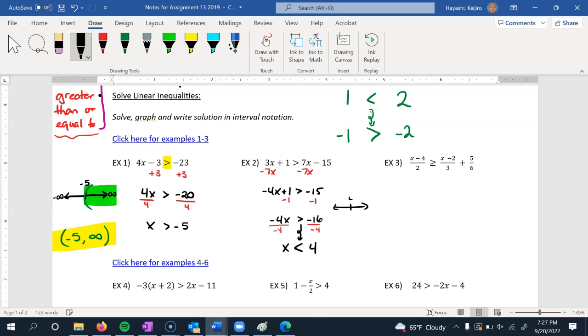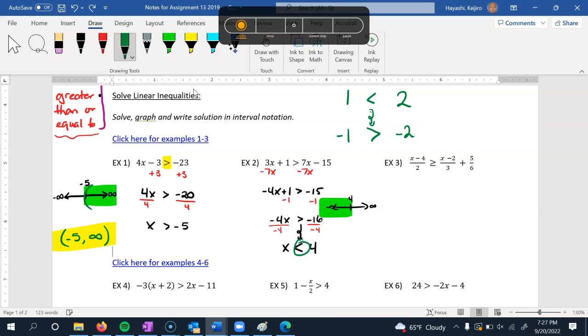Okay, so 4 on our number line. We're going to shade to the left because we want numbers that are less than 4, x is less than 4. And again, you can just look at the direction that this is pointing because we made it so that x is on the left. So you can interpret the direction of the sign this way.